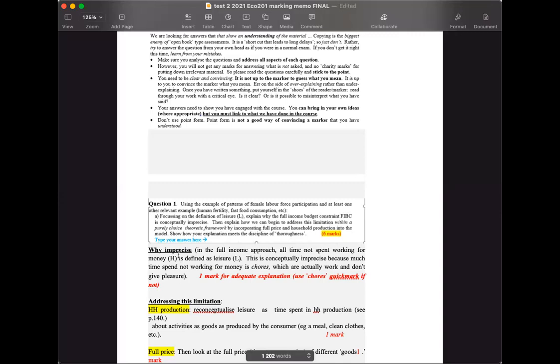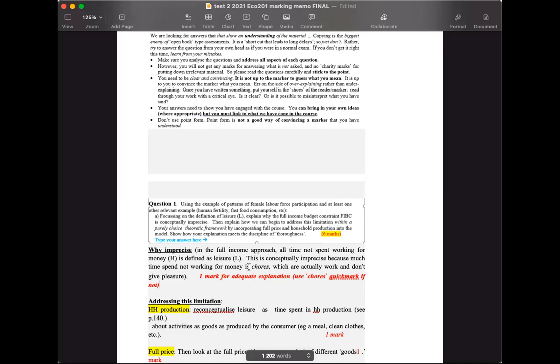So you'd get your mark by talking about why there's a conceptual imprecision, because much time spent not working is basically chores, you would say. Just because you are not at work does not mean there's leisure. You get what I'm saying? So it's important to bear that in mind. So you get your mark there.